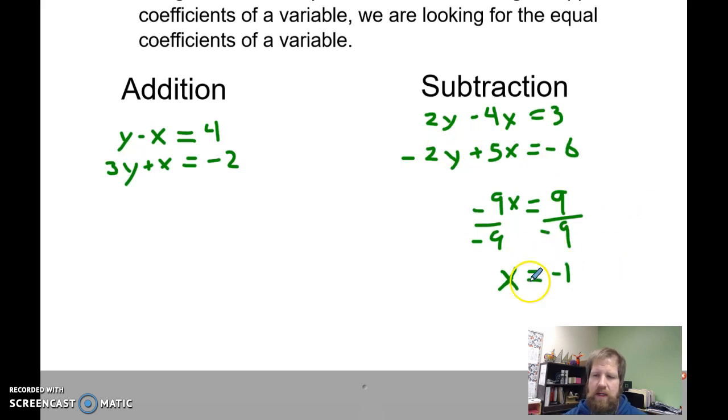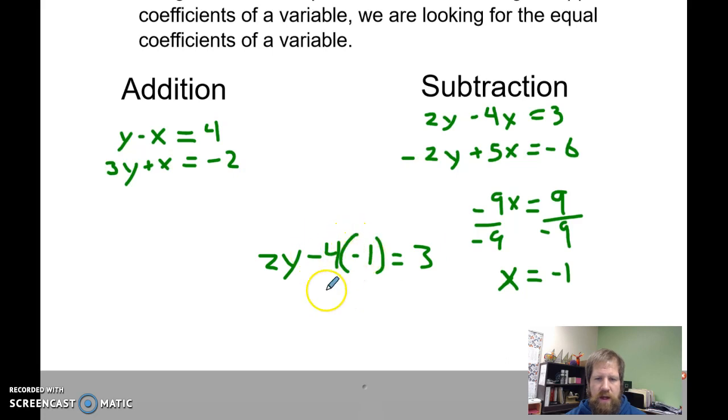Because my x value is negative here, I'm actually going to use this top one because I can get rid of my negatives, at least at the start. So I'm going to take this and go 2y minus 4 times negative 1 equals 3.